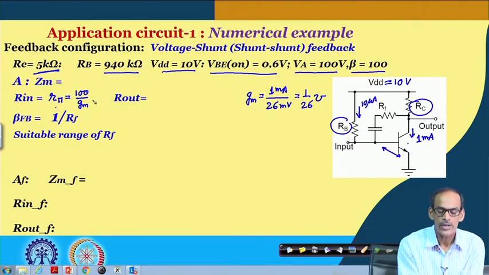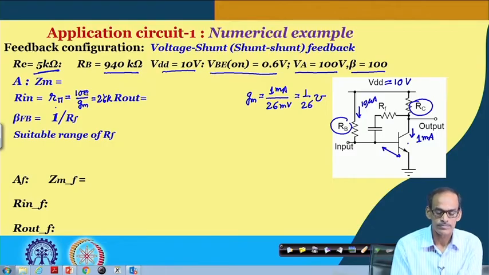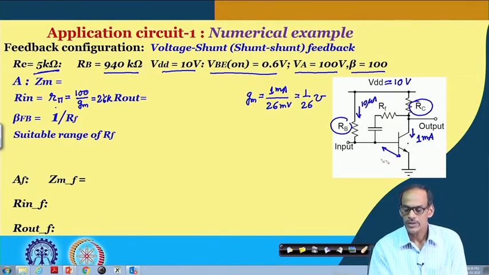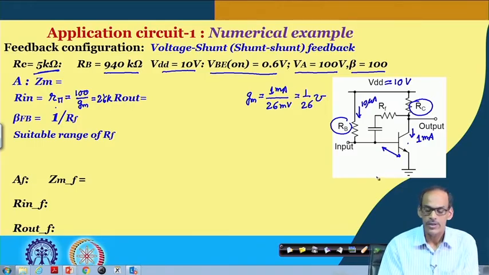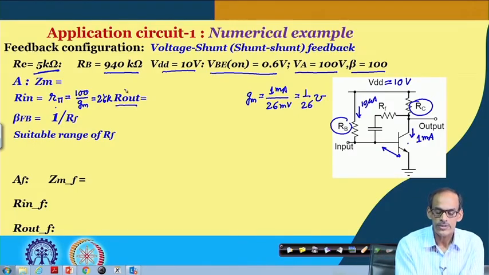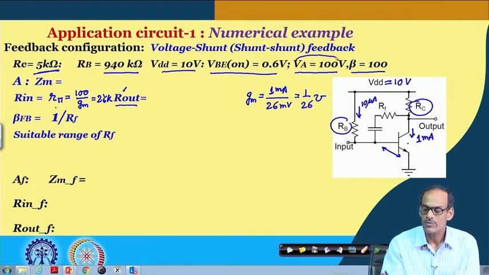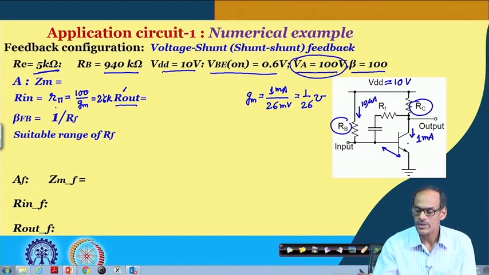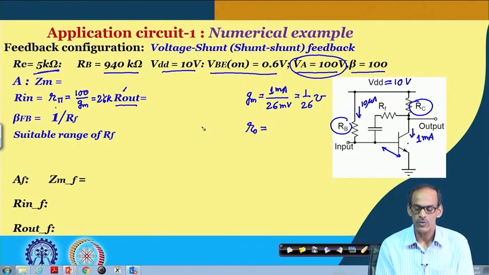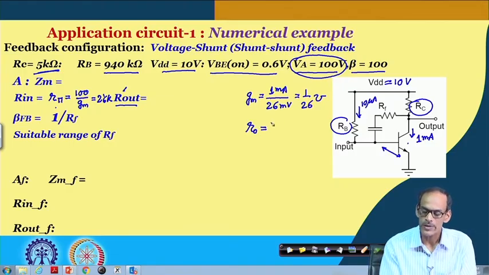So R pi, which is beta divided by Gm, is equal to 2.6 k. That is the input resistance of the main circuit. The output resistance, if I consider load affected: with this value of early voltage, the intrinsic output resistance Ro is 100 volt divided by 1 milliampere, so this is equal to 100 k.